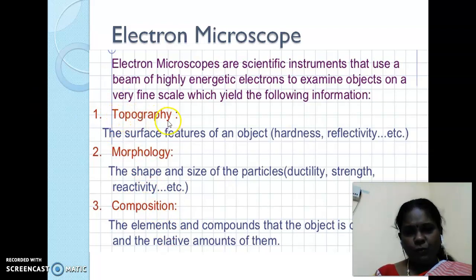First one is topography, the surface features of an object like hardness, reflectivity, etc. Morphology, the shape and size of the particles, their ductility, strength and reactivity, etc. can be found. Third, the composition, the elements and compounds present in the specimen and their relative amounts can be found using this electron microscope.